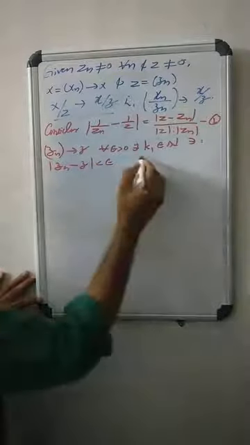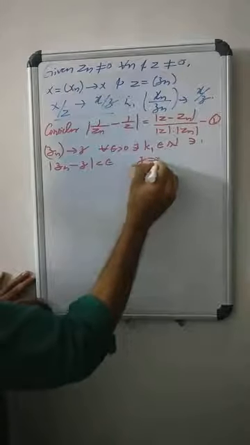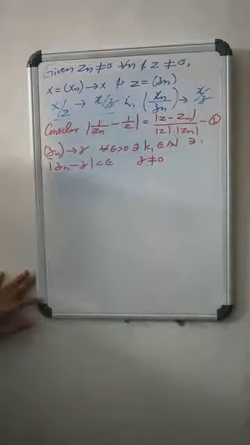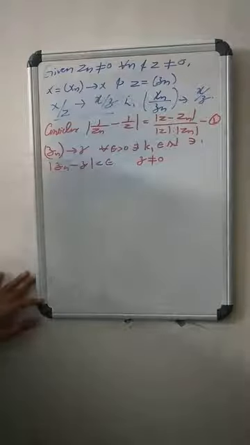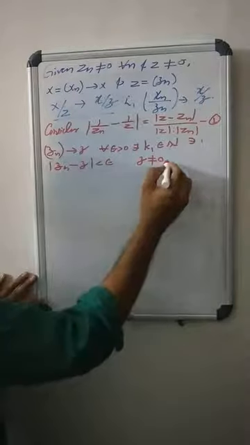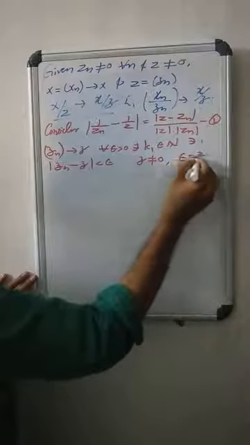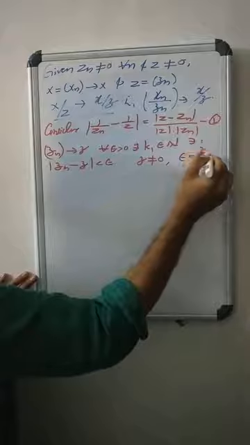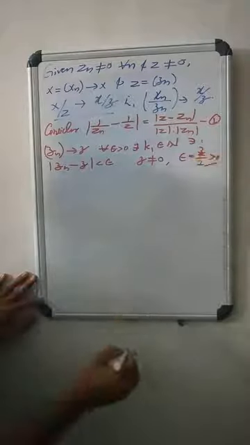So for more convenience, since z differs from 0, put epsilon equals modulus of z by 2. Z by 2 is positive.